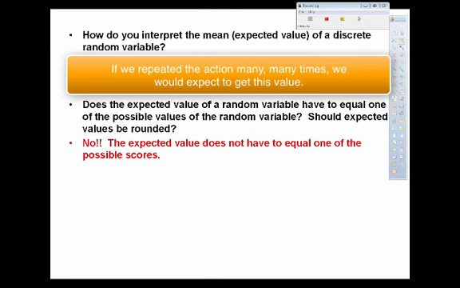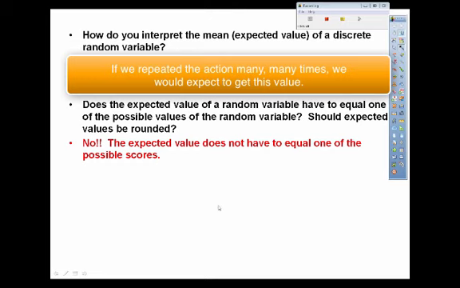That -5 cents wasn't one of our scores. Our scores were either a -1 or an 8. And -5 cents was not one of those. So no, it doesn't have to be. And don't lose points over that. Make sure you understand that. It does not have to equal one of the possibles.